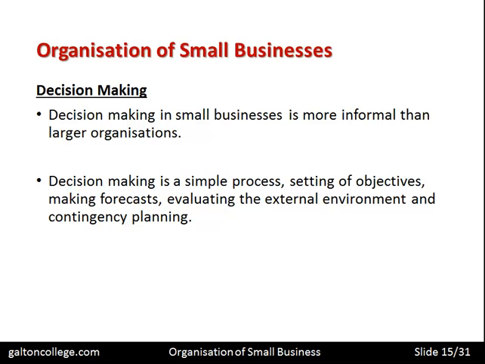Bigger companies have to reflect on decisions, they have to consult, they have to have meetings, everything has to be analysed and thought about. Whereas in a small business, it appears that the business is more flexible and more agile because it's able to make quicker decisions. But it doesn't necessarily mean the decisions are high quality. The decisions may be faulty in some way.